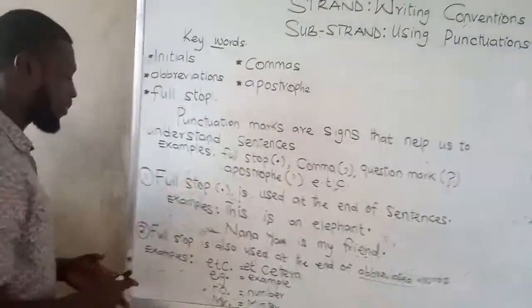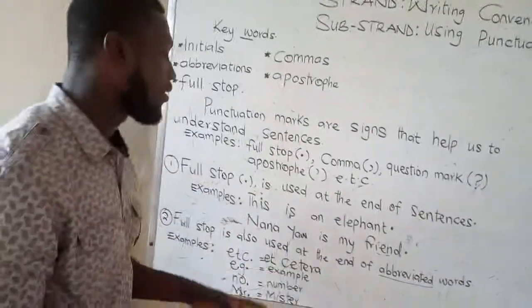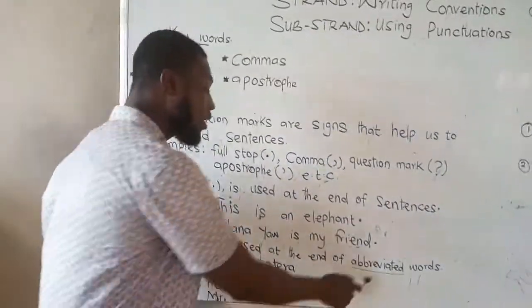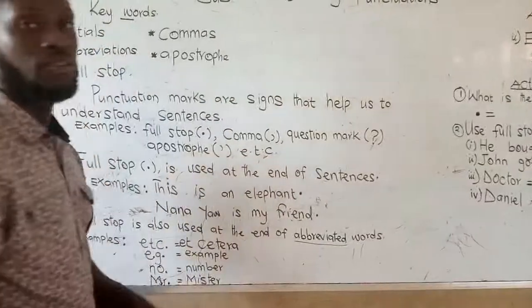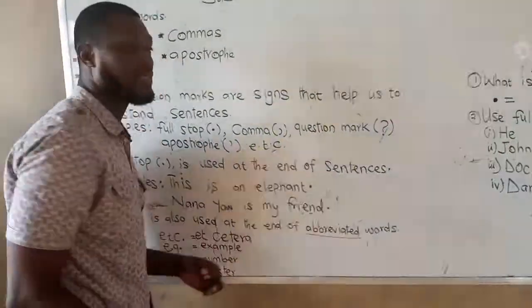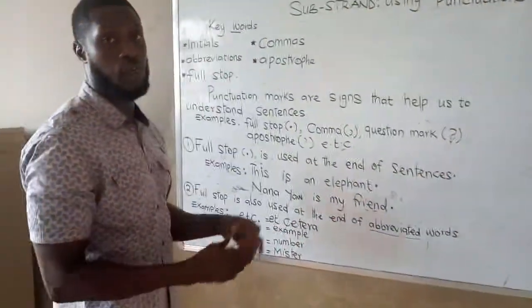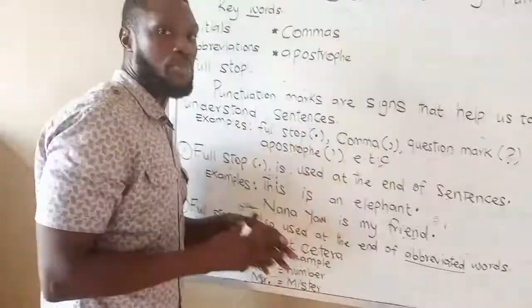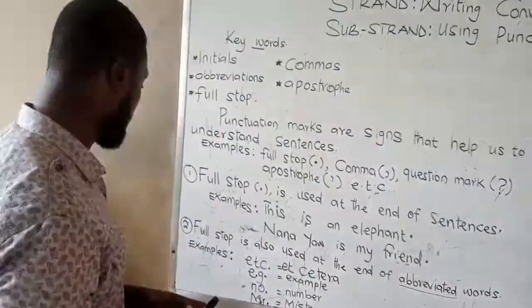So the next one, which is example 2. We said full stop is used at the end of abbreviated words. And when you say abbreviated words, they are just short forms of words, or words that have been shortened, as we discussed in our previous lessons.